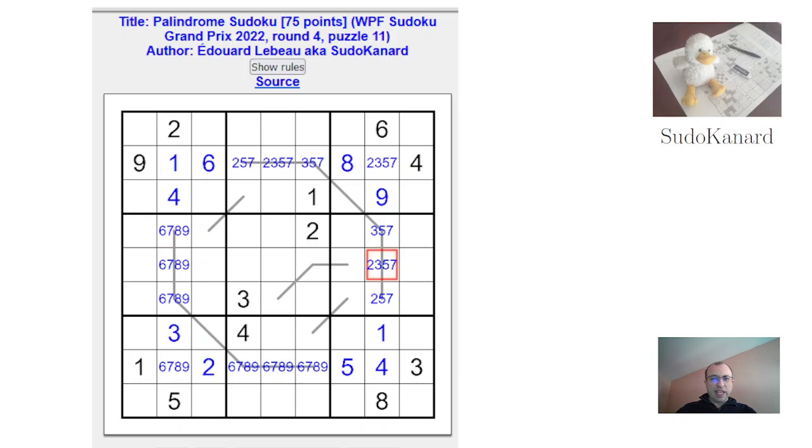So where do we look next? Well, a place of interest is this, because this digit is different from those ones, and this digit is different from those ones. And you see that it's different from 1, 2, and 9, and 4, and 6.